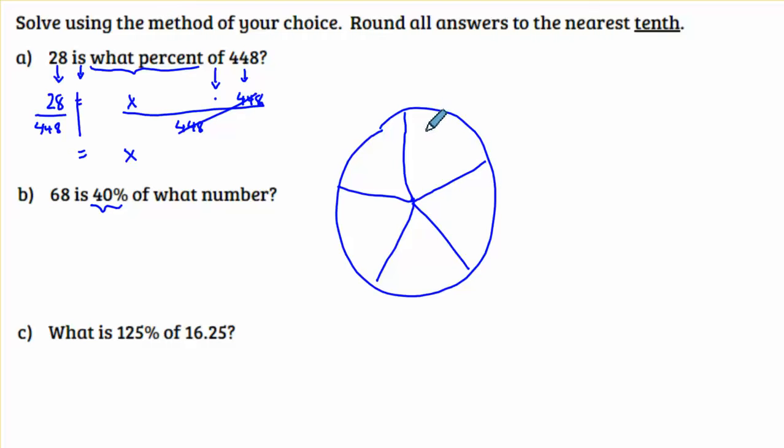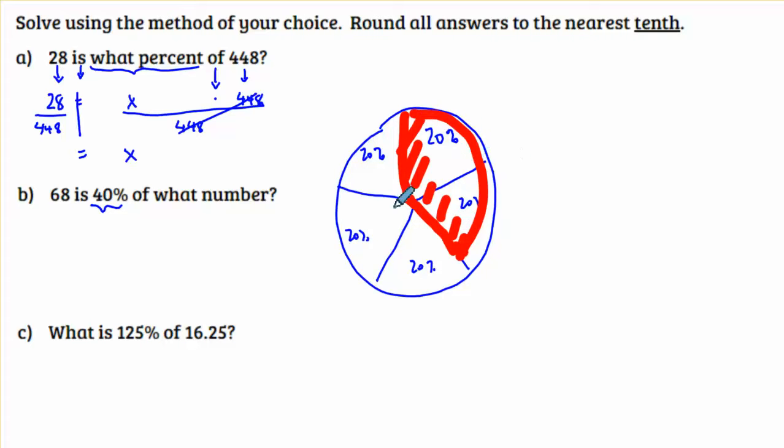Okay, so we know that each one of these is 20% because 5 20%s is equal to a whole or 100%. All right, and we know that 40% is what we need to shade. So here is 20%, here's 40%, and I'm going to shade this whole thing.